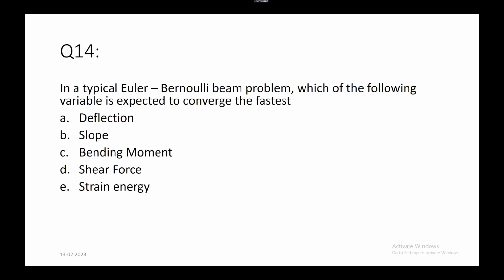Sir, A, deflection. Okay, deflection. So you see the answer. Yes, you are right. So there are different terms, right? If you ask what the governing differential equation is, it would be of this form: d square by dx square of EI times d square u by dx square is equal to some q of x.